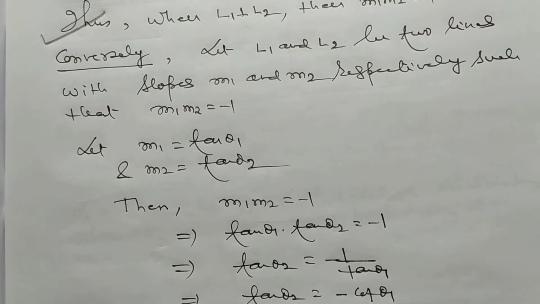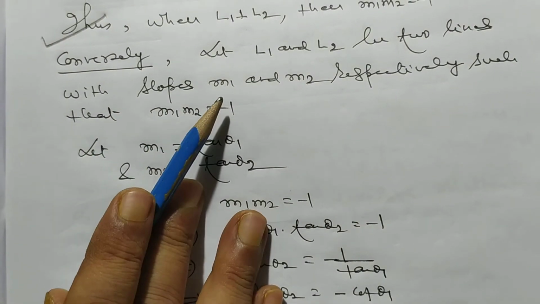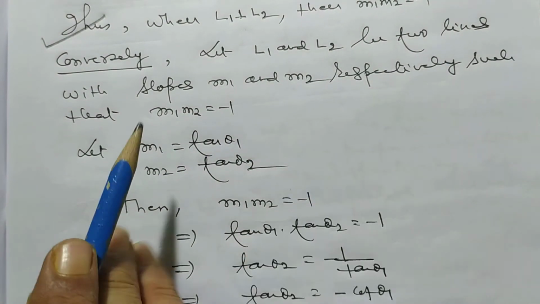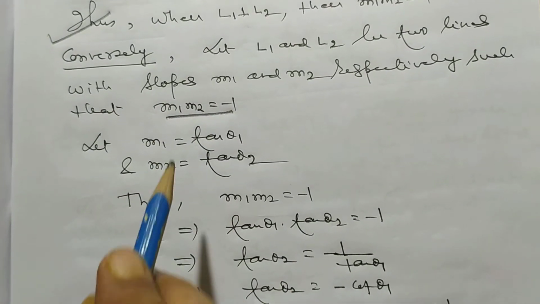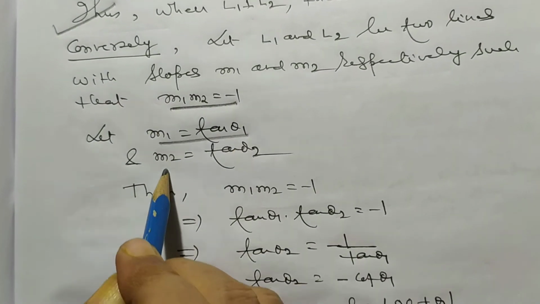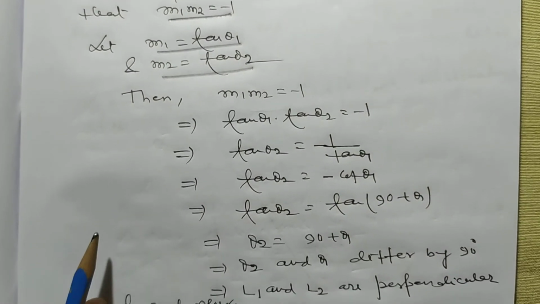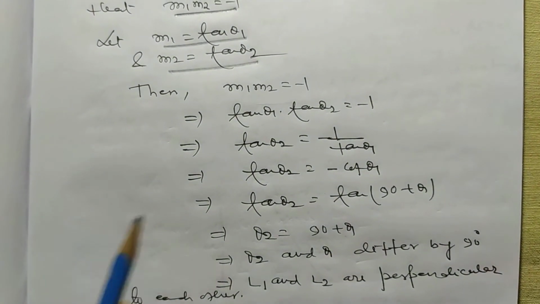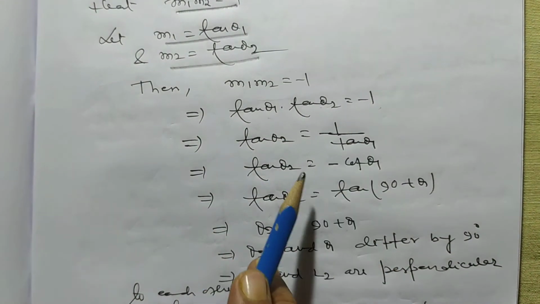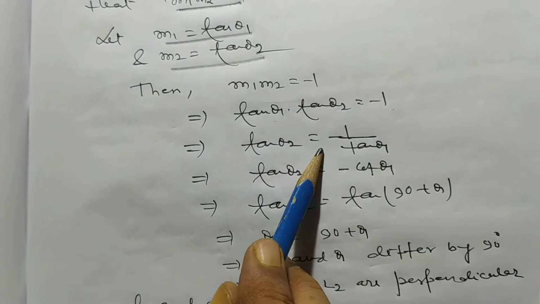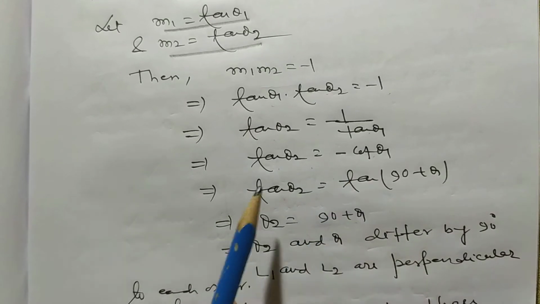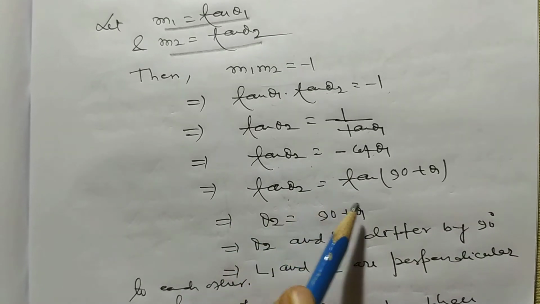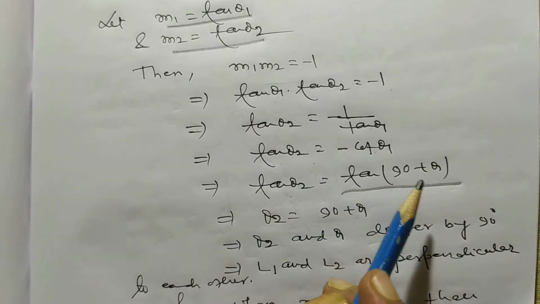Now, if L1 and L2 are two lines with slopes m1 and m2 respectively, such that m1 into m2 is equal to minus 1, where m1 is equal to tan theta 1 and m2 is equal to tan theta 2, then tan theta 1 into tan theta 2 is equal to minus 1. So tan theta 2 is equal to minus 1 by tan theta 1, which is minus cot theta 1, which is tan of (90 degrees plus theta 1).